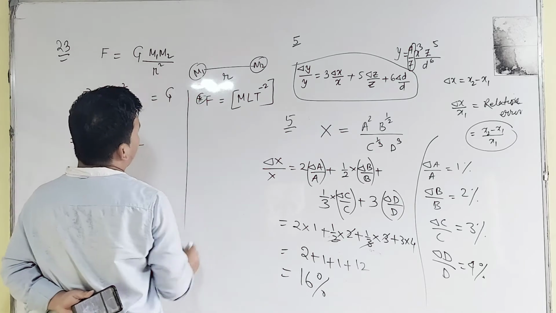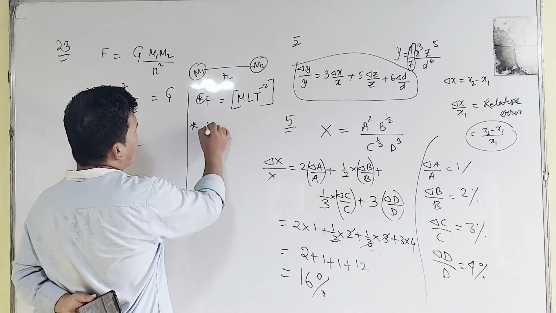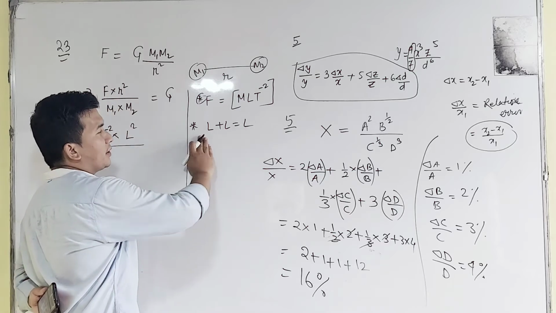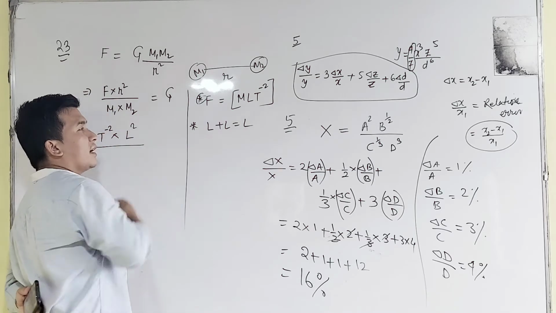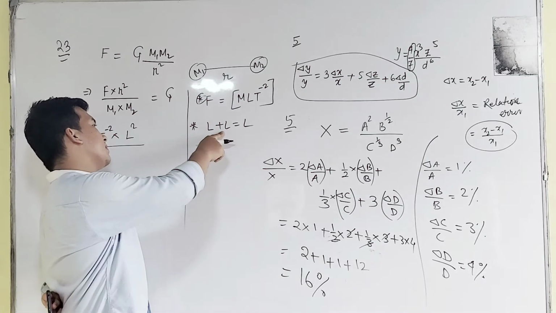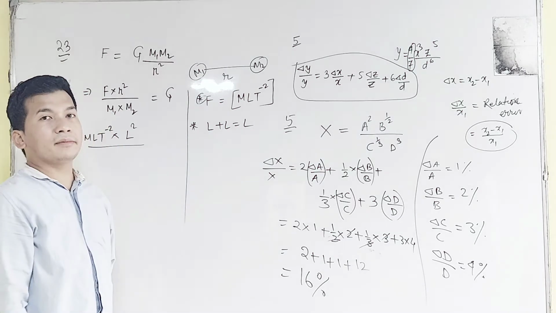We have to understand the principle of homogeneity. This is very important. Length plus length is length. That means if on one side of the equation you have length, then on the other side you must have length.